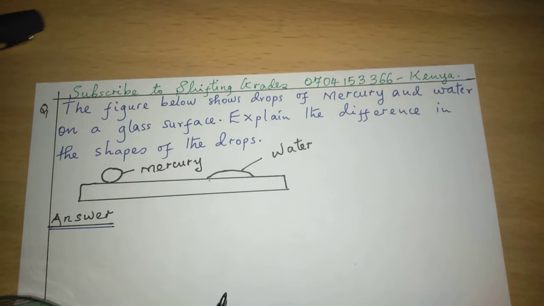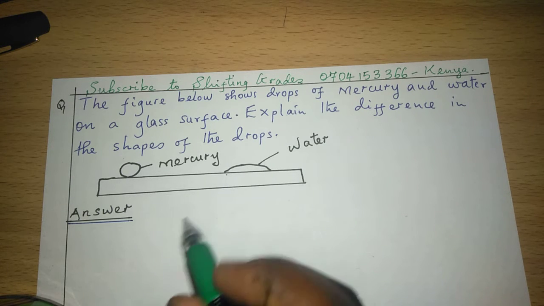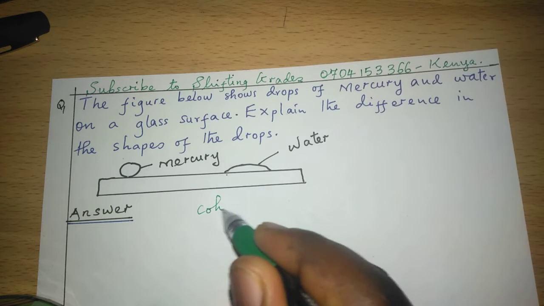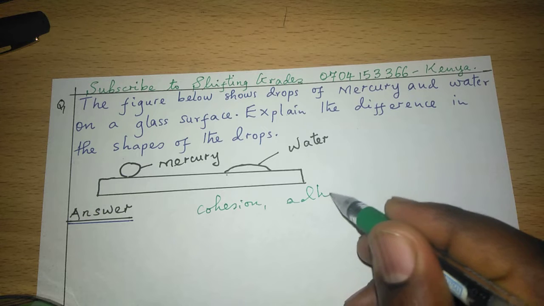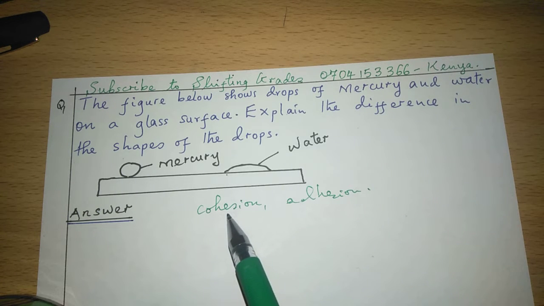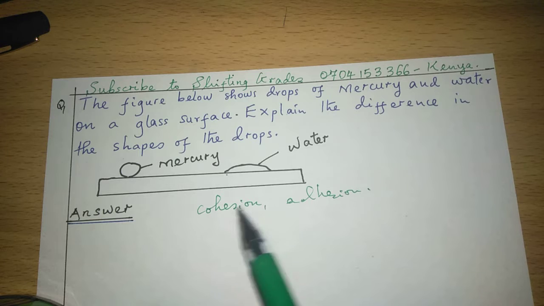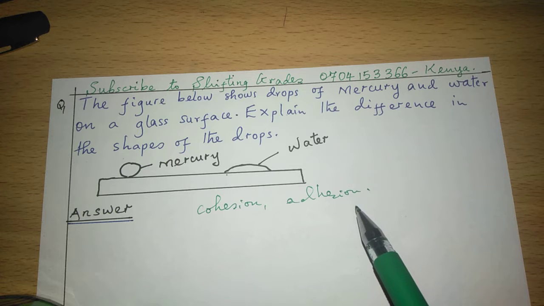So we can say that there are two forces in place here. We have what we call cohesive forces. We have force of cohesion and force of adhesion. Cohesion is the force between molecules of the same kind, while adhesion is the force of attraction between molecules of different kind.